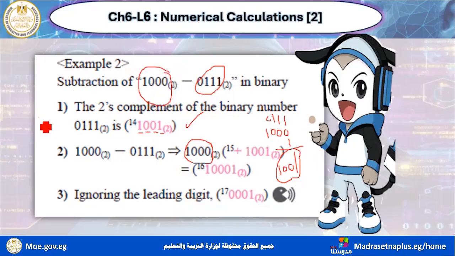Now 1000, 1001. Add: 1, 0, 0, 0, and 1. It's time to ignore this. The result is correct.